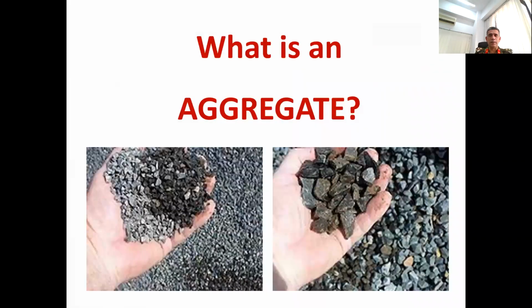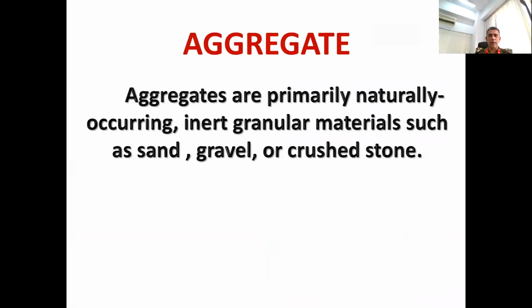Now, what is an aggregate? Aggregates are naturally occurring inert granular materials such as stone, gravel, or crushed stone. What is inert? Inert means the materials which remain inactive in chemical reactions.